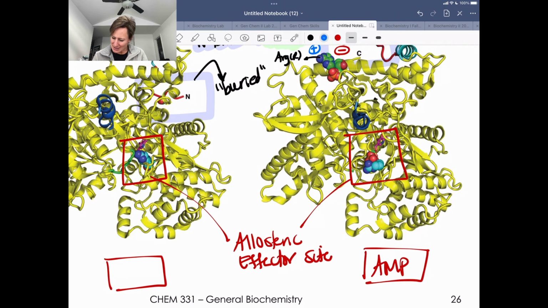AMP is a need state signal. So it makes sense that AMP should bind to and stabilize R state in this enzyme that's responsible for breaking down glycogen and remedying that low blood sugar level, which is a need state. ATP is a fed state signal.